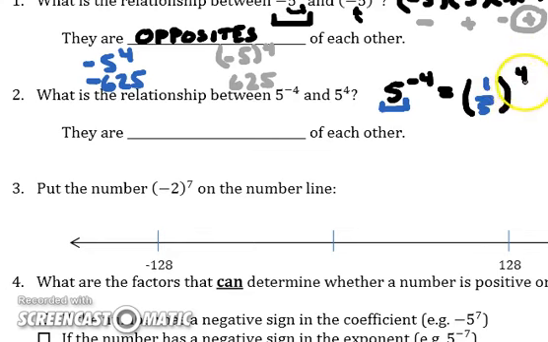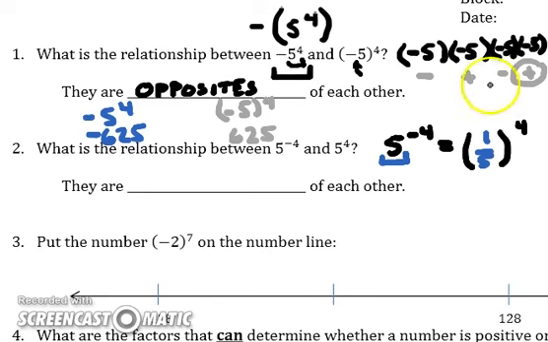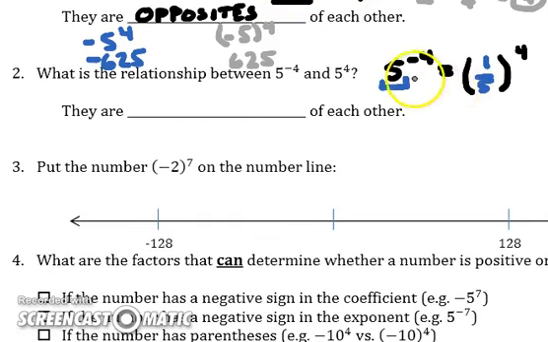That's what that negative in the exponent means. It means something completely different from what it did in the first example. There, it's part of the coefficient. Down here, it's part of the exponent. They look kind of similar, but they mean completely different things.